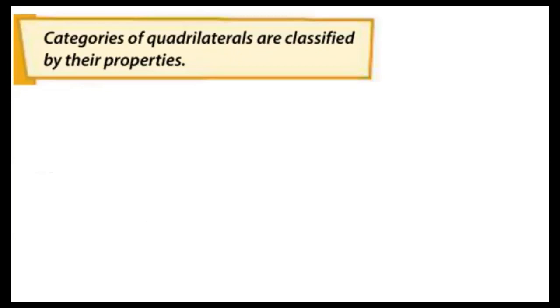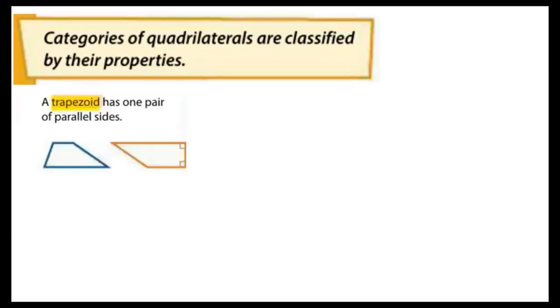So I can determine the categories of quadrilaterals as follows after asking the 3 questions. You will find that we have 4 sides, a pair or 2 sides of them are parallel and the other 2 sides are not parallel. So this shape will be a trapezoid. A trapezoid has 1 pair of parallel sides.